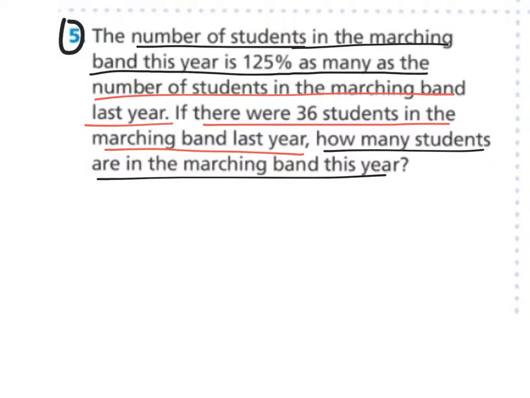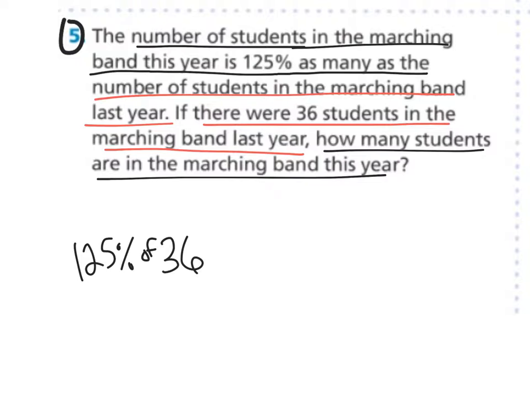So we know last year there were 36 students, and this year there are 125% as many as last year. So basically, in a roundabout way, they're telling us 125% of 36.